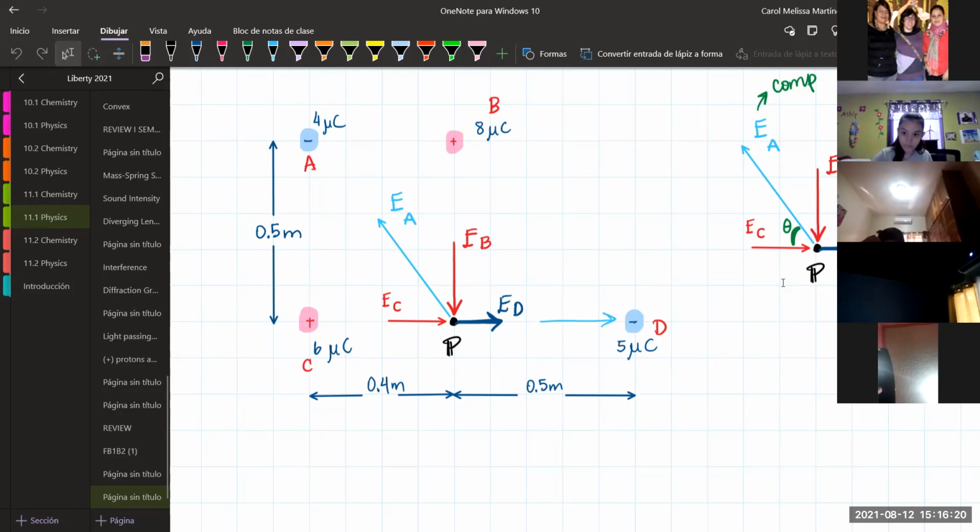Right now, I am going to call this distance A. Distance A is going to be equal to, because I don't have that distance, I can use the hypotenuse equation. So this is equal to 0.5 to the second power plus 0.4 to the second power. How much is this?